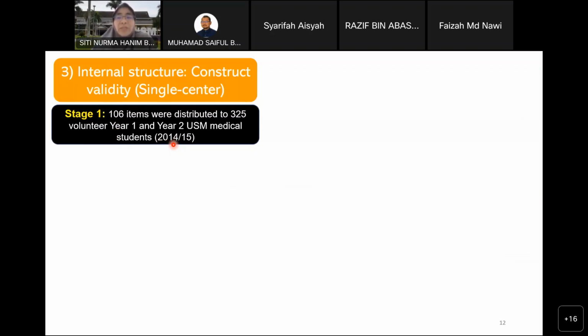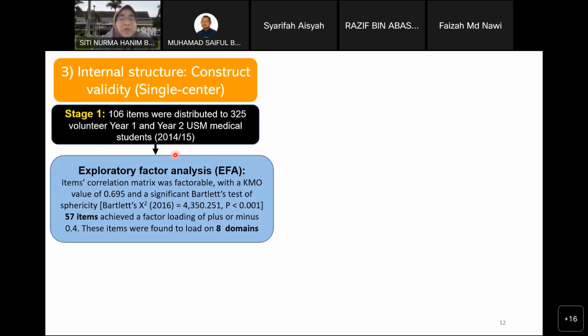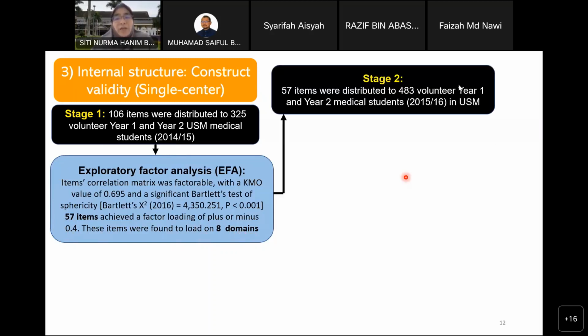These students rated their perceptions on the anatomy education environment in USM, and we used their responses for factorial analysis. This is EFA, exploratory factor analysis, and we found that 57 items achieved a factor loading of plus minus 0.4, and these items loaded on 8 domains. So only 57 items were carried to stage 2.